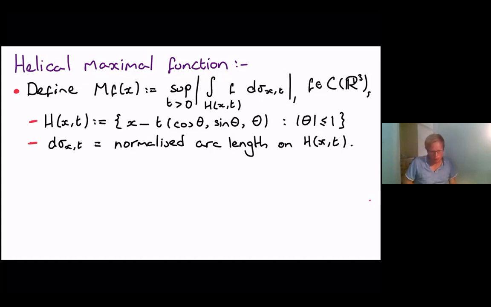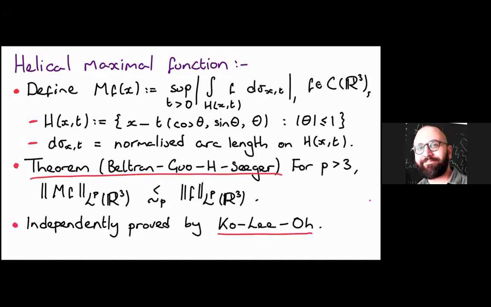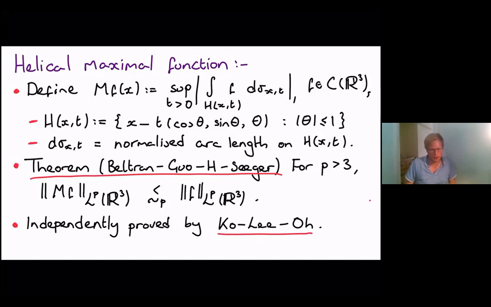Then we take the absolute value of these averages and we take the supremum over the radial parameter. Again, we're interested in studying the L^p bounds for this operator. Our main result is that this operator is bounded for all p bigger than 3. This is, as I said, joint work with David Beltran, Shaoming Guo and Andreas Seeger.